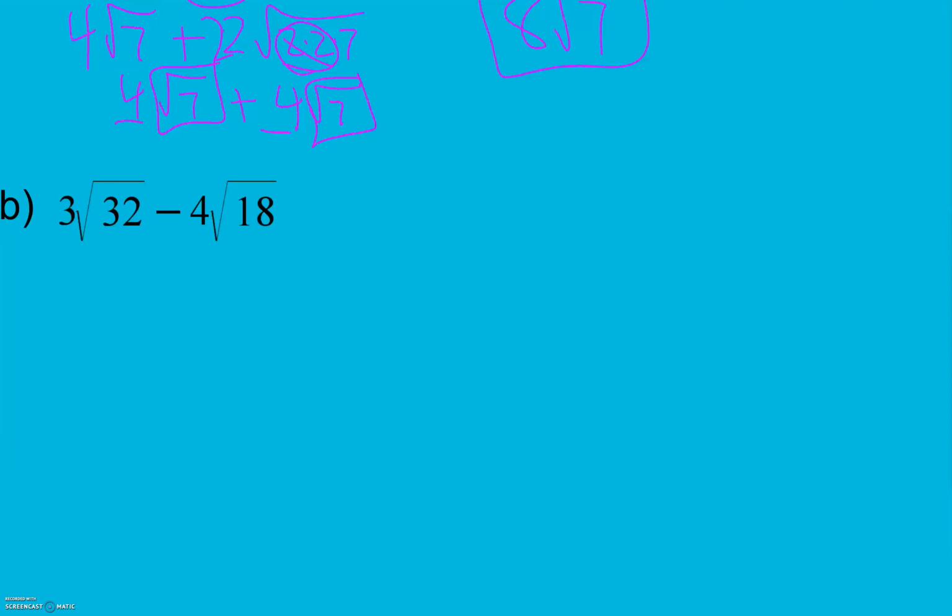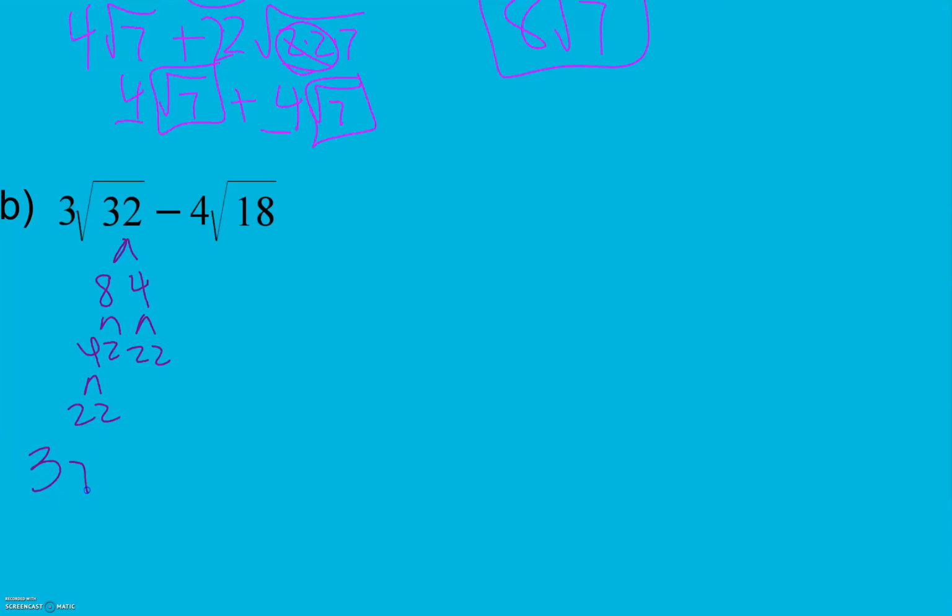In B here, both of our radicands are composite, which means not prime. So here we can break this down into their prime factors. 8 and 4: 2 and 2, 4 and 2, and 2 and 2.